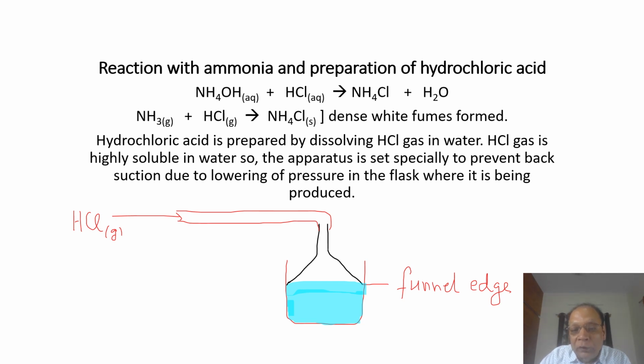So when the water starts rising, there is a gap and the water comes back. So this arrangement, which is known as funnel arrangement, stops the back suction, preventing flooding of the production apparatus.